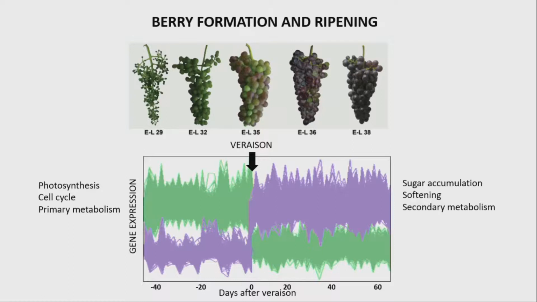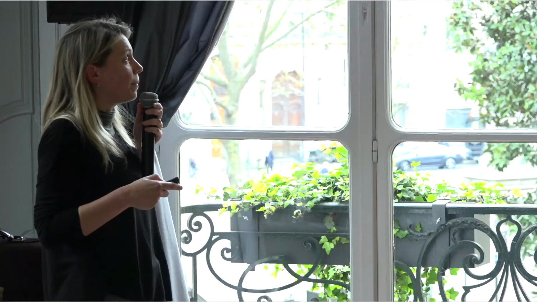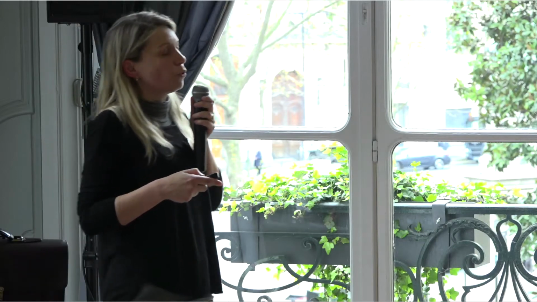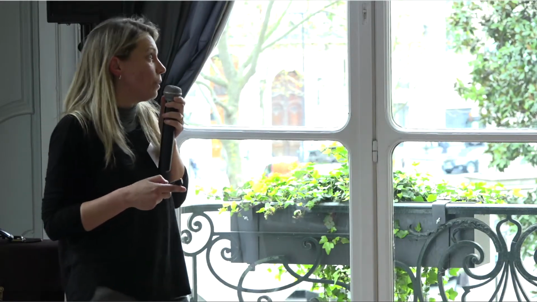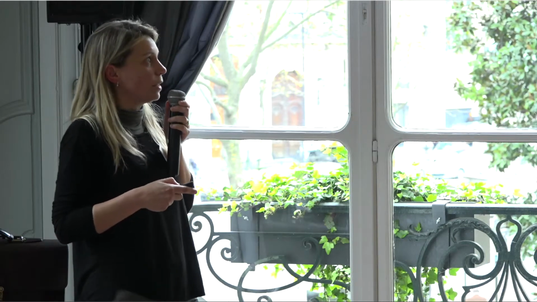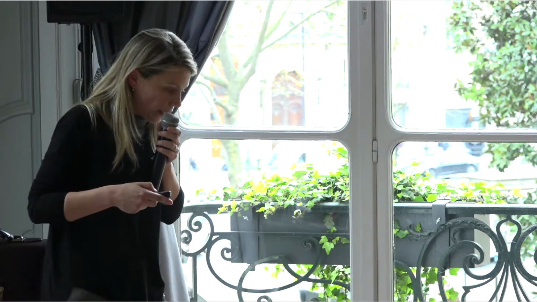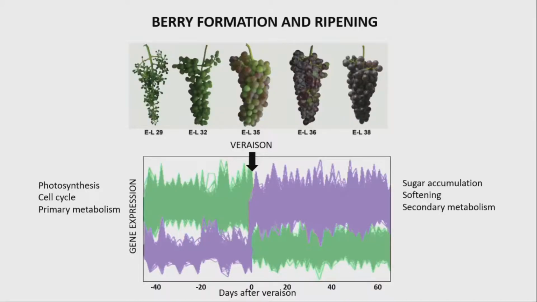On the contrary, we found many genes that are expressed at very low levels during the formation of the berry, and then rapidly increase during berry ripening. These are genes related to sugar accumulation, softening of the fruit, and also secondary metabolism, which contains genes involved in aroma or organoleptic properties of the fruit.